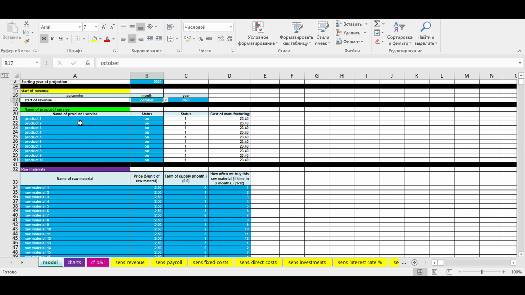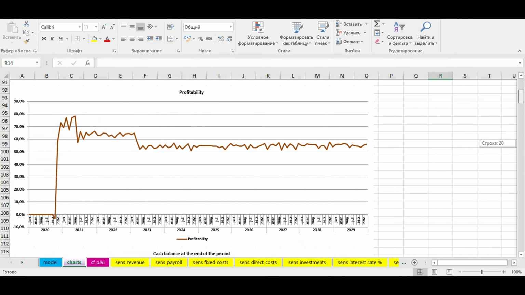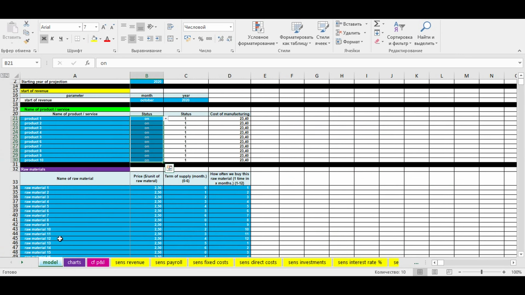Now we have to construct revenue-generating algorithm. First of all, we name all our products. Here, on the right, we have a switch on and switch off button. Using it, we can include and exclude the revenue and direct costs of each product from our financial projections.